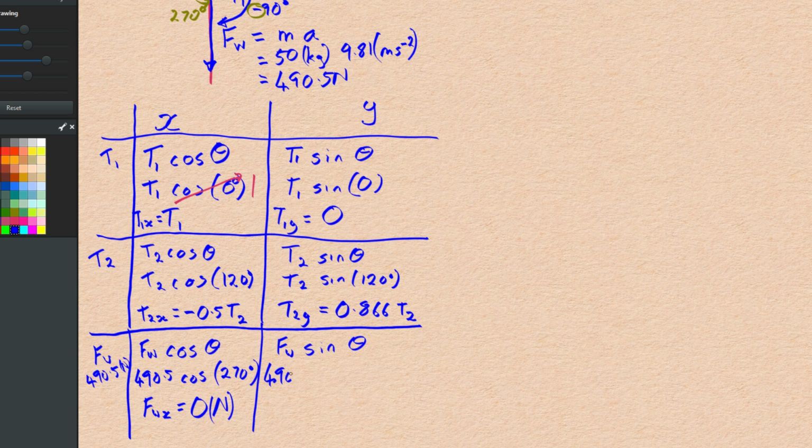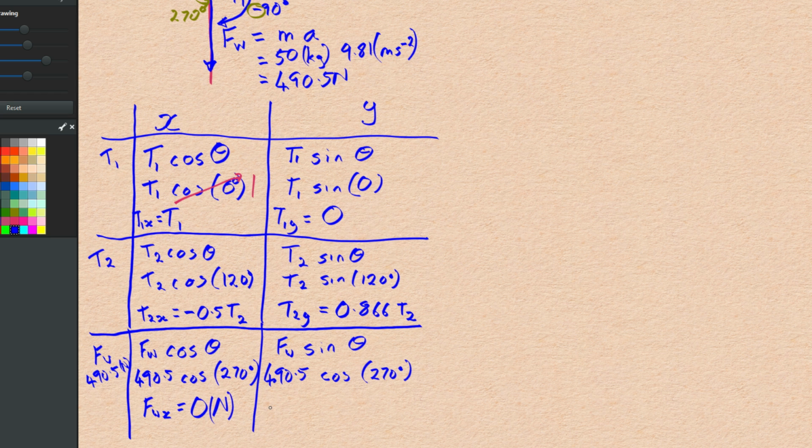Here we have 490.5 cos of 270 degrees, which will be, that should work out, oh, I was about to say that worked out to 1, but it doesn't.